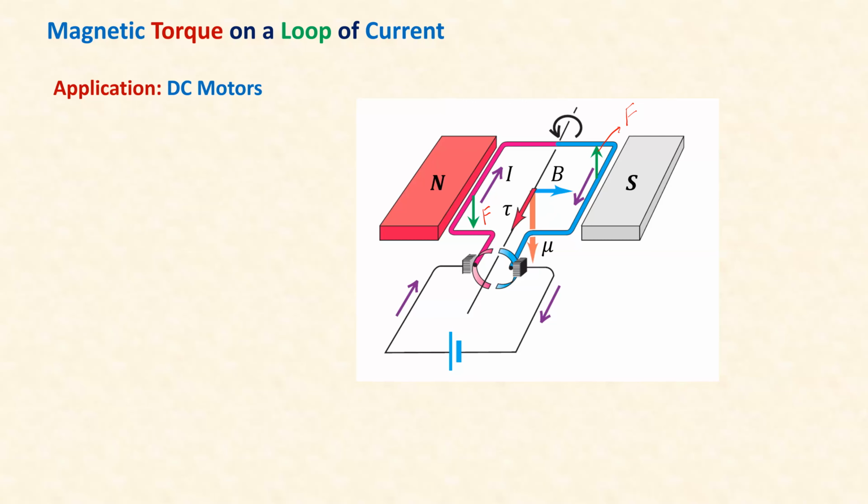And so when this happens, this side comes up, the other side goes down, and when they get all the way up here, the current switches and this continues pushing in the same counterclockwise direction. So the loop rotates and rotates, and that is the principle behind the DC motors.